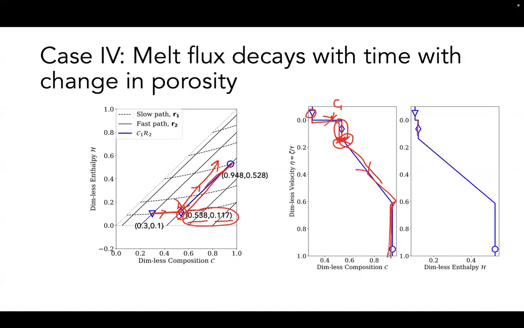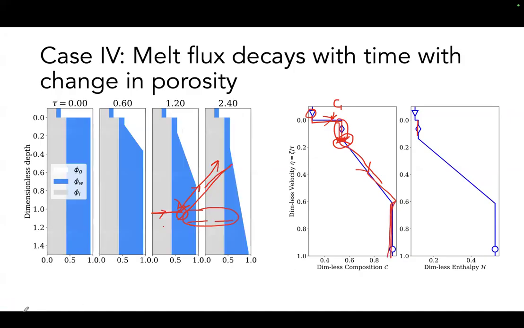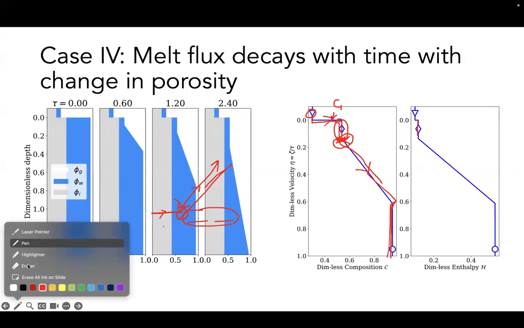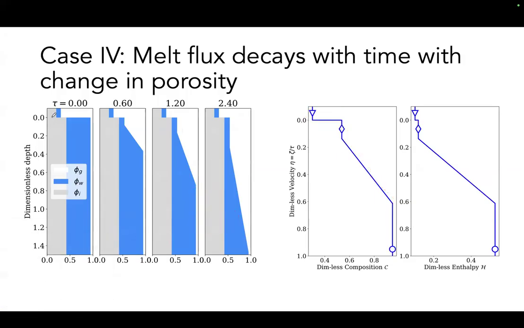In the physical sense, it leads to this solution where initially there is a step change in porosity, and there is a reduction in melt flux. So that step change in porosity stays right where it happened, but the change in meltwater flux leads to this moving, genuinely nonlinear wave called a drying front or rarefaction wave, and that spreads.